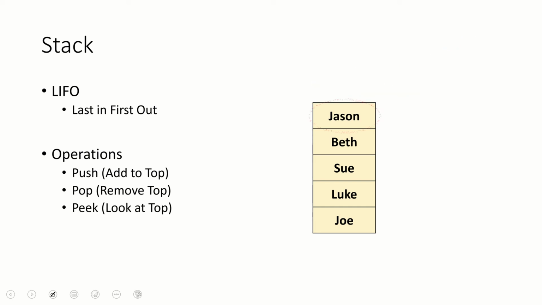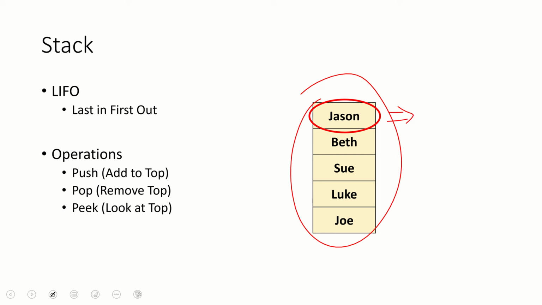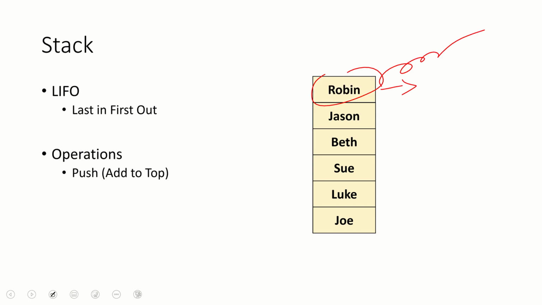Another operation is the peek. The peek means we want to return what is on the top. Currently in this stack, Jason is on the top, so the peek just returns Jason. So let's do this again. Push means we put a new one on the top of the current top.